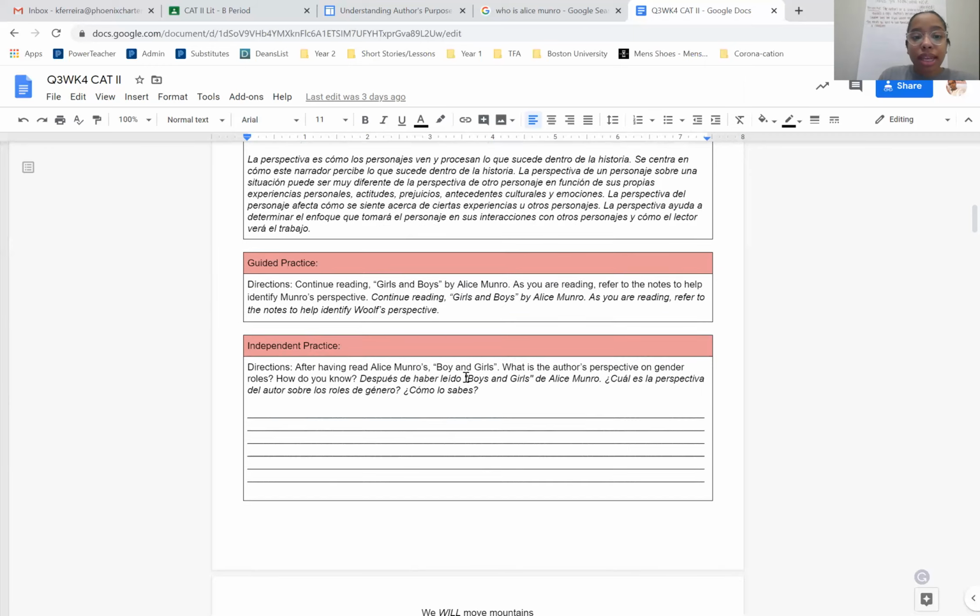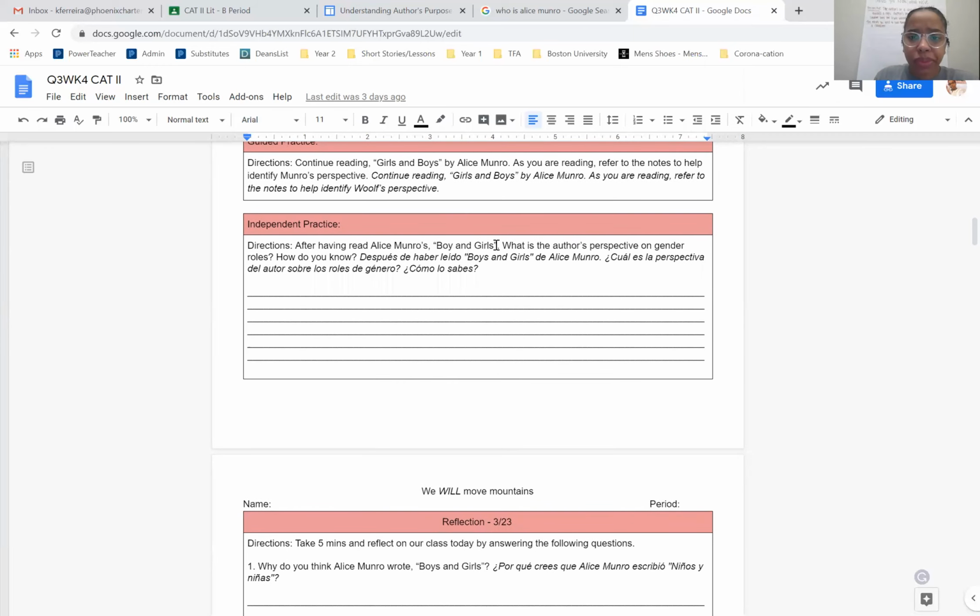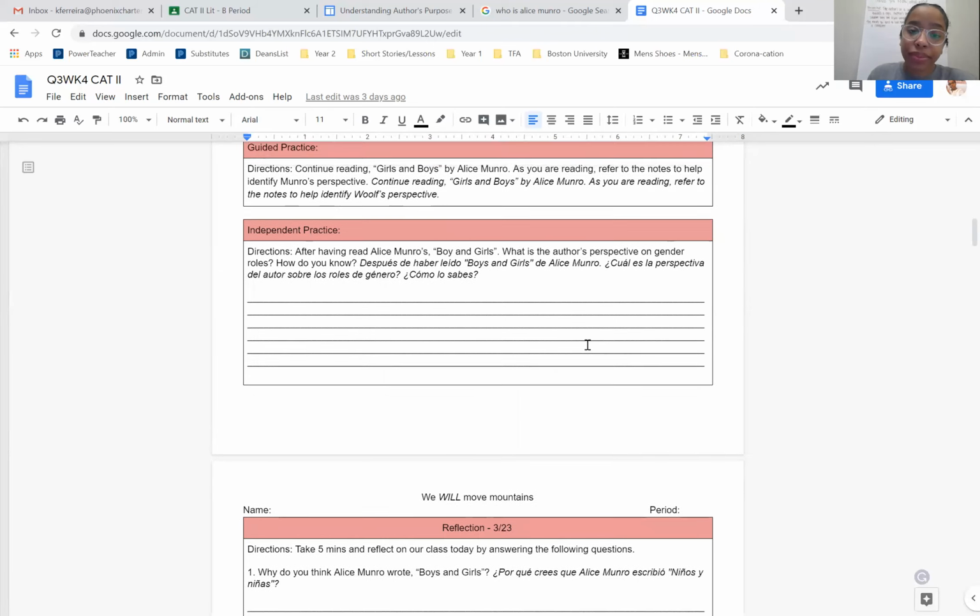Then I want you to answer this question: what do you think is the author's perspective on gender roles? How do you know? Based off how the author is characterizing her narrator, that's who we truly want to focus on. What do you think is her perspective on gender roles, and how do you know? Make sure you are including evidence from the text, okay?